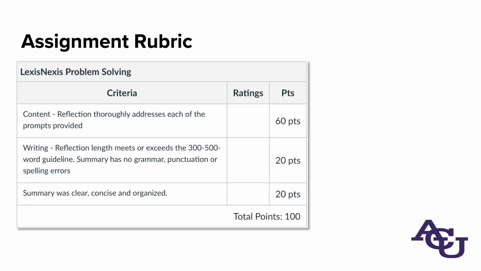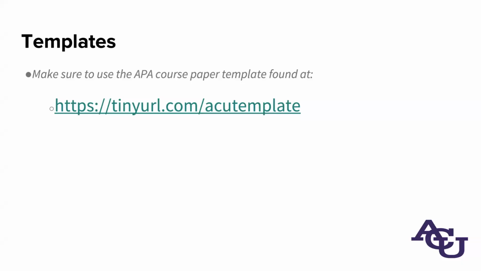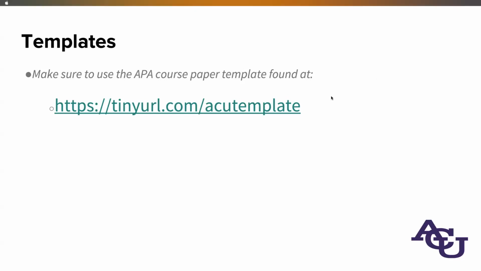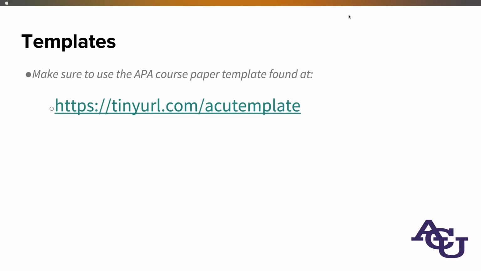All right. So with no further ado, we're going to do 2 things. I'm going to recommend that if you don't have a copy already, you grab a copy of our APA course paper template by clicking on that link. If you click on that link, you will get a link to a Google Drive share, and you can download various templates that we have.